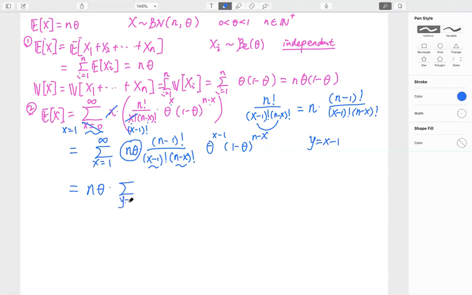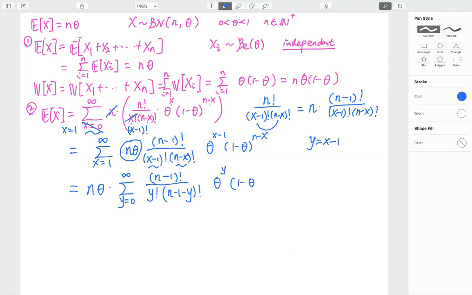So y from 0 to infinity, n minus 1 factorial. Here, x minus 1 becomes y. n minus x will be n minus 1 minus y, factorial. So here is theta to the power of y.